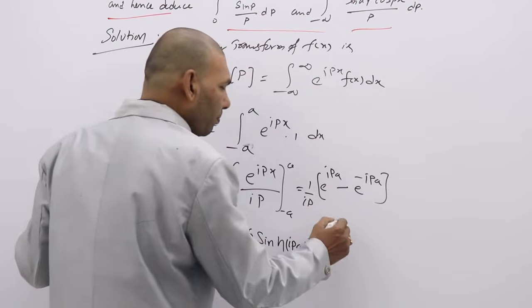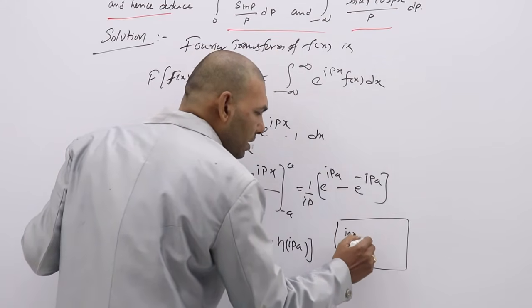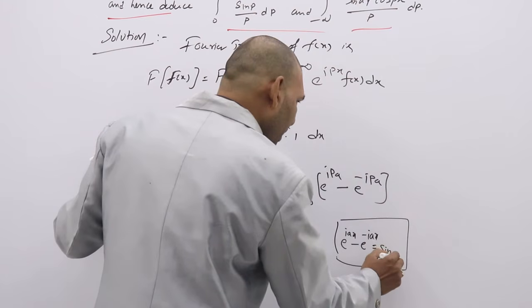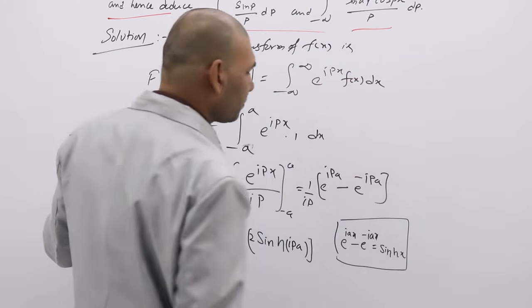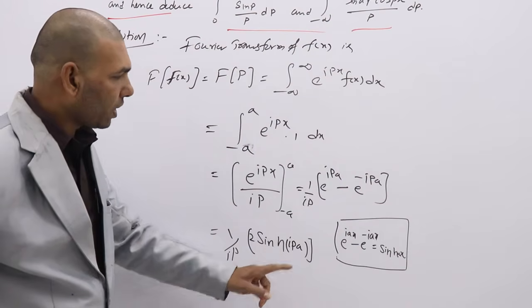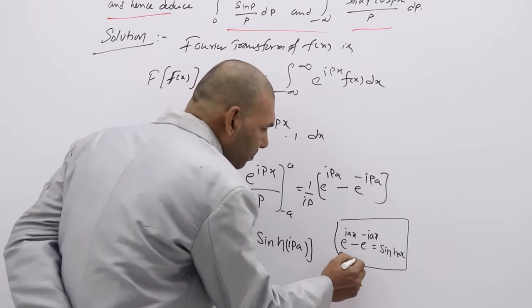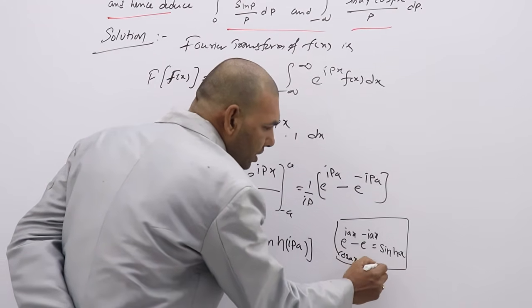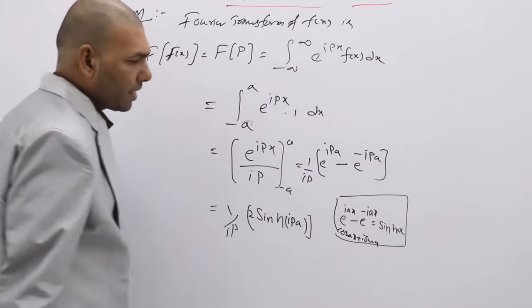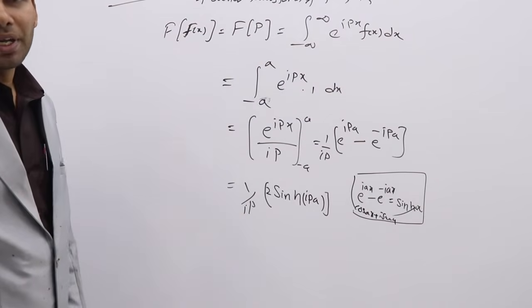This is the formula we are using here: e^(iax) minus e^(-iax) can be written using sinh. Using e^(ax) equals cos ax plus i sin ax, and cos ax minus i sin ax, we replace that with 2 sinh(ipa).